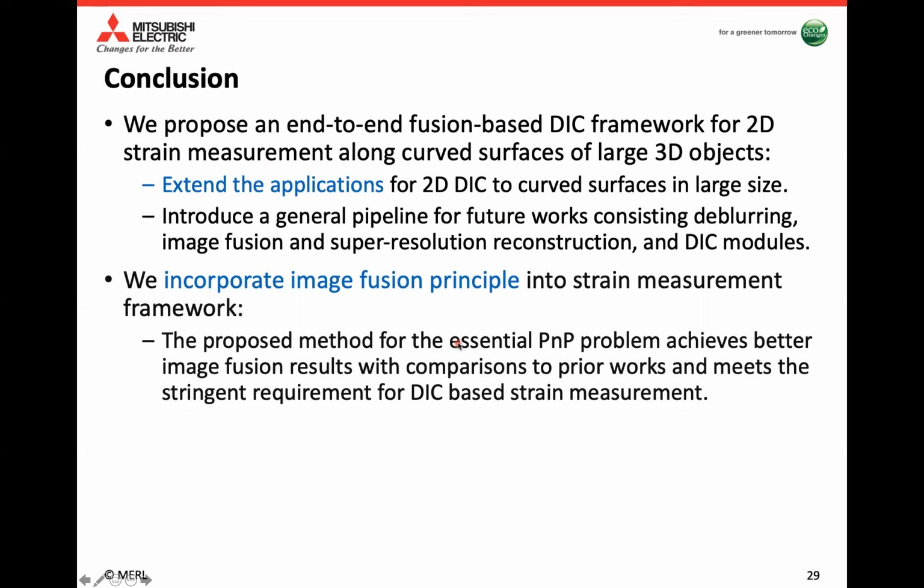Second, we incorporate the image fusion principle into the strain measurement framework. The proposed method for the essential PnP problem achieves better performance compared to prior works and meets the stringent requirements for DSC-based strain measurement.